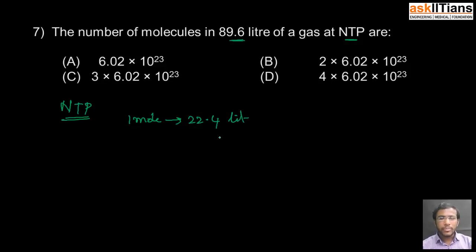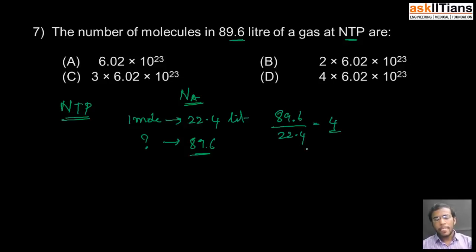And 1 mole is going to contain Avogadro number of molecules. So how many moles are present in 89.6 liter? That is simply 89.6 by 22.4, which you will get 4. 4 moles of the gas is present.